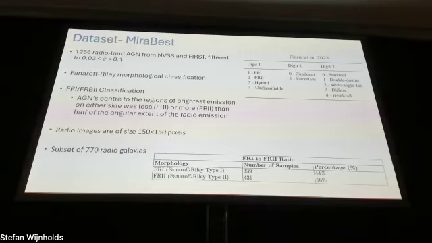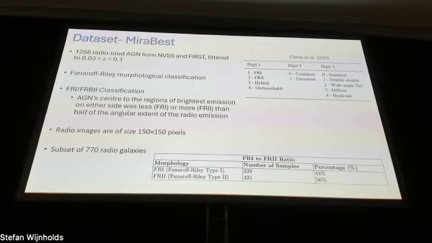And the digit three is a different morphology of the galaxies, which have standard, double, wide angle tail, diffuse, and also head tail. And for this work, we considered a subset of 770 radio galaxies. It is this number because we chose only the FR1 and FR2, and those which were confidently classified.